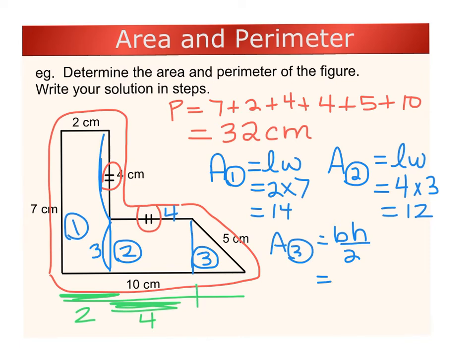So that makes this piece from here to here 4. And we already figured out that the perpendicular height is 3. So my base is 4, my height is 3, divided by 2. And that gives me 4 times 3 is 12, divided by 2 is 6.